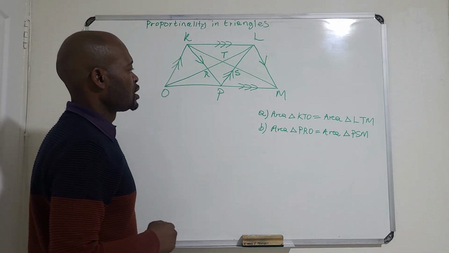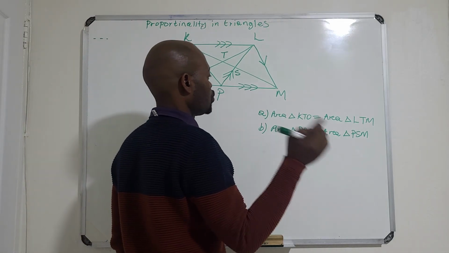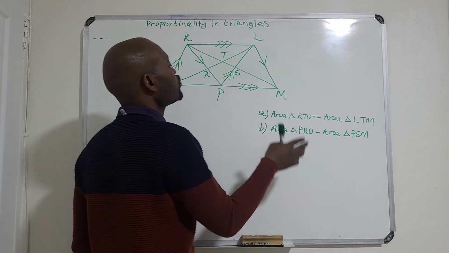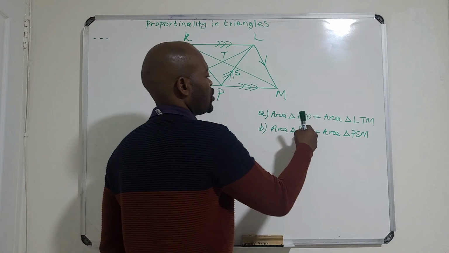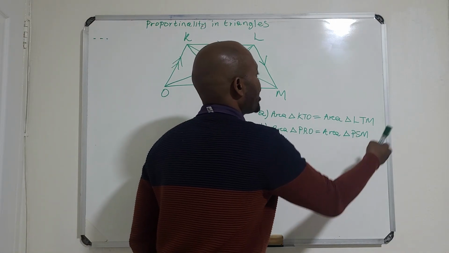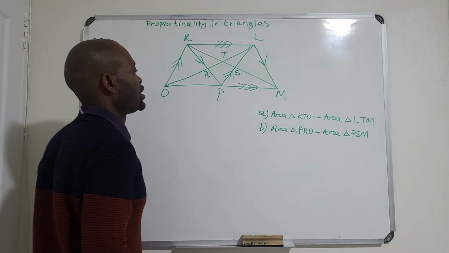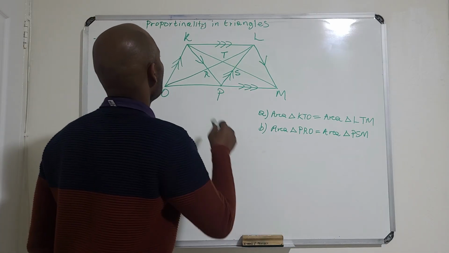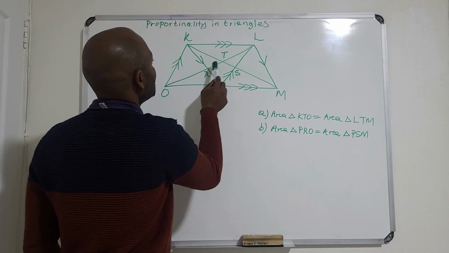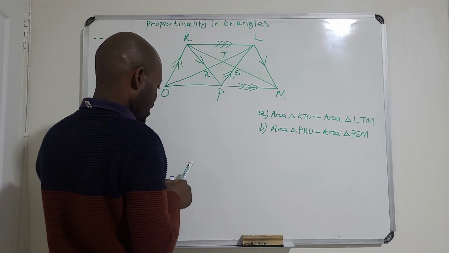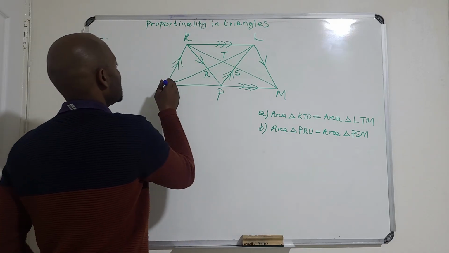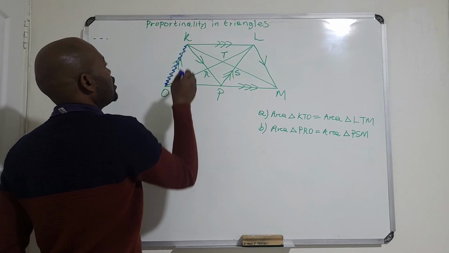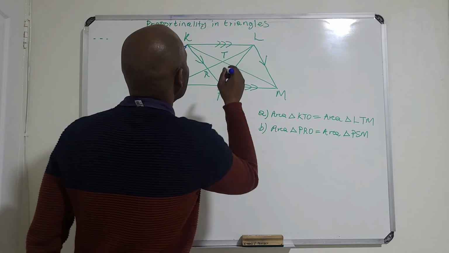We are told to determine, to prove that the area of triangle KTO is equal to the area of triangle KTM. So we are to prove that the area of triangle KTO, this triangle here, I'm going to highlight it. This triangle here, KTO.